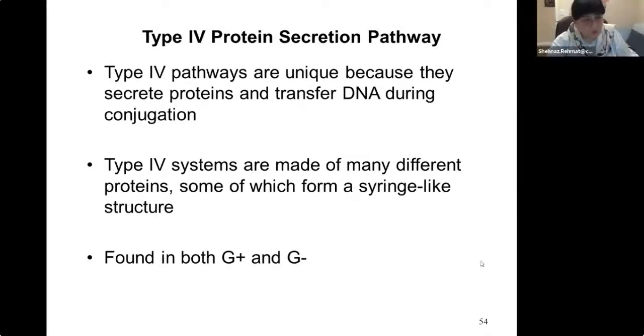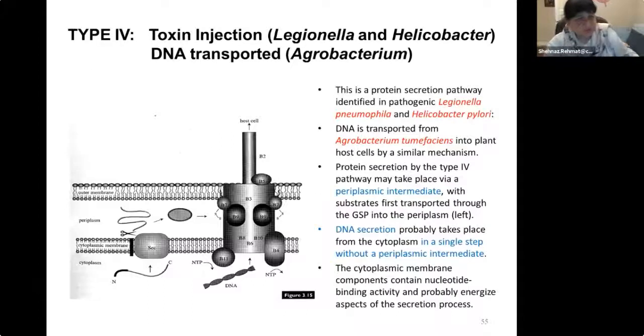The type 4 system also forms a syringe-like structure, and it has been found in both gram-positive and gram-negative bacteria. So it is not limited to gram-negative, it is also found in gram-positive bacteria. Let's look at some examples of your type 4.